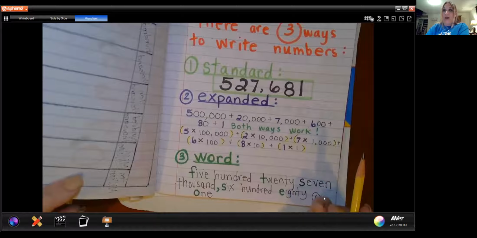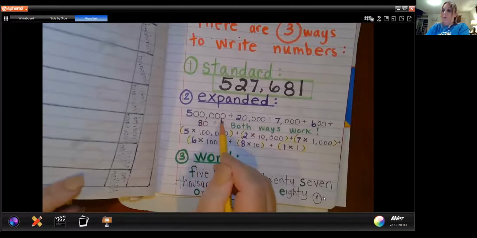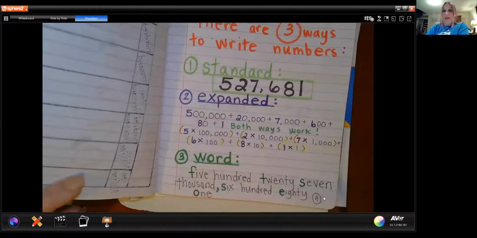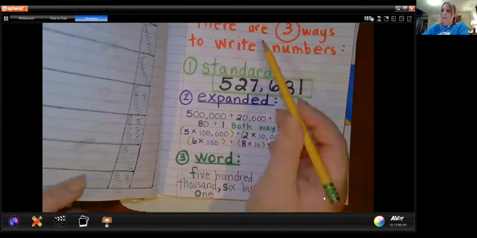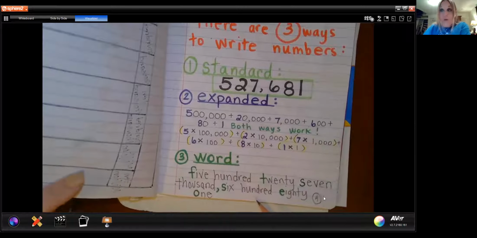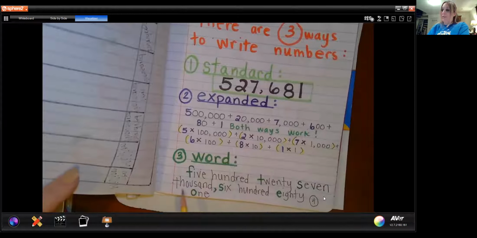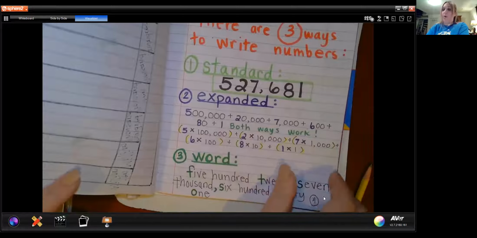So I added 5 zeros. But again, I'm not going to get into too much detail because we studied this last week. And if you need help, please let me know, guys. Finally, the 3rd way to write a number is word form, where we spell out the digits in words. Now we're going to hop backwards into lesson 1.1.